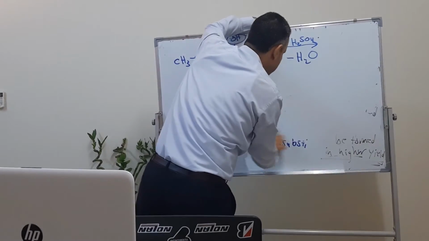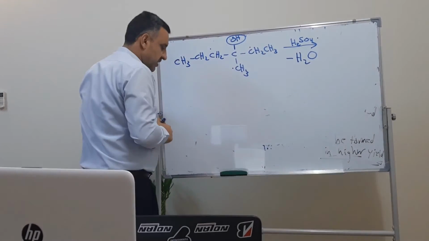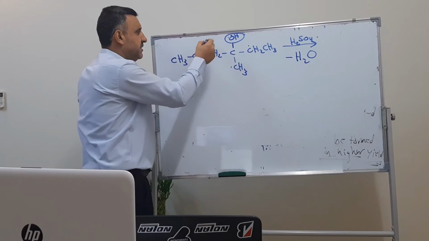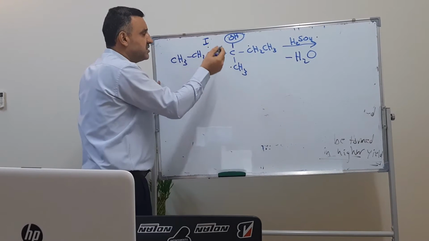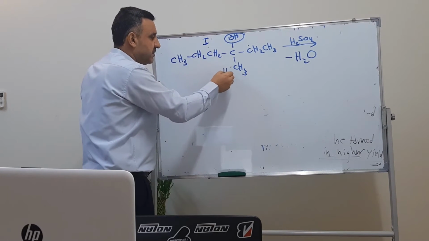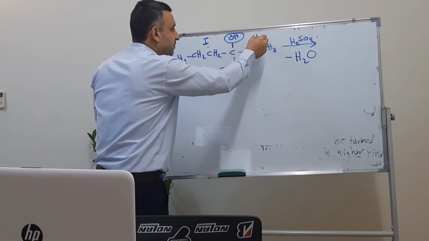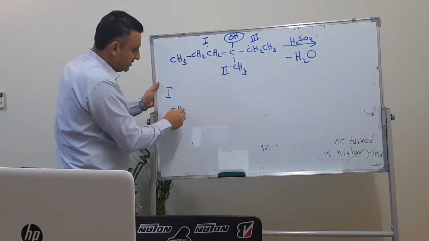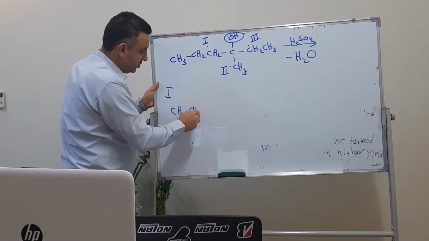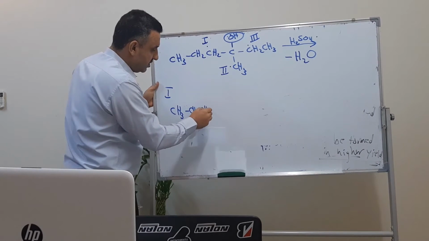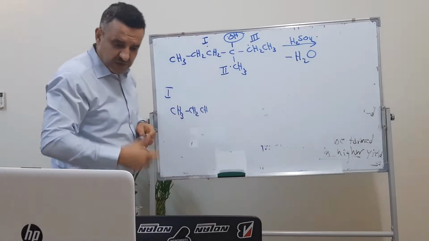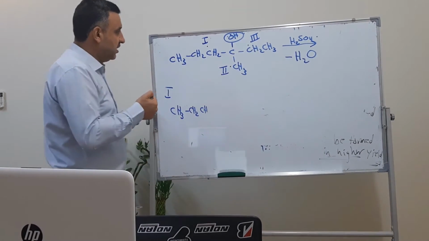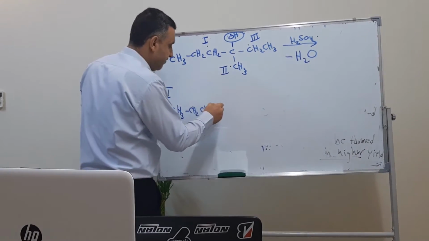Let's simply write all possibilities. And let me just indicate the possibility by writing a number. So this is possibility number 1, possibility number 2, and possibility number 3. So possibility number 1, the alkene here: CH3, CH2, CH. Now I'm just going to use another color to indicate that the double bond has been formed here.